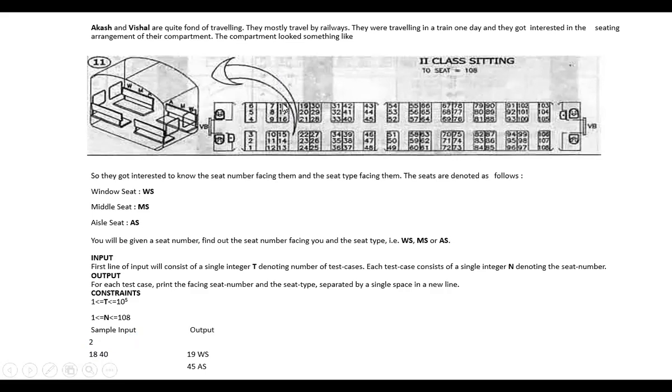So you can see here the opposite of 18 is 19, and the opposite of 40 is 45, and 18 opposite 19 is the window seat, and 40 opposite 45 is the aisle seat. So 19 WS separated by a single space, and the next will be in the new line, that is 45 AS separated by a single space. So that should be the output of this. So I hope the problem is clear to all of you.